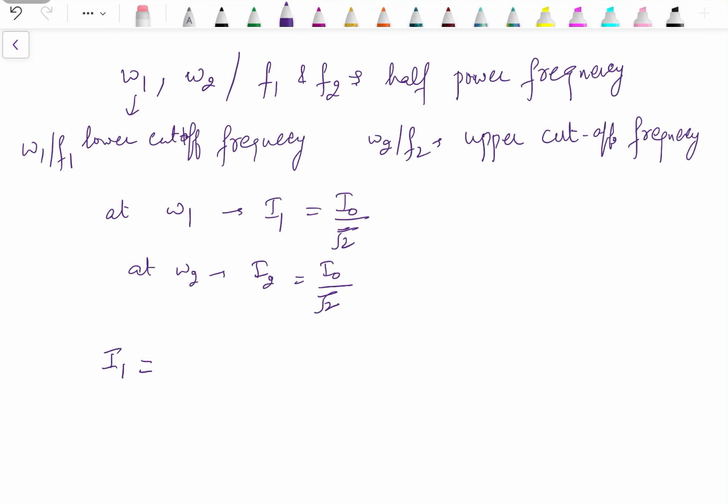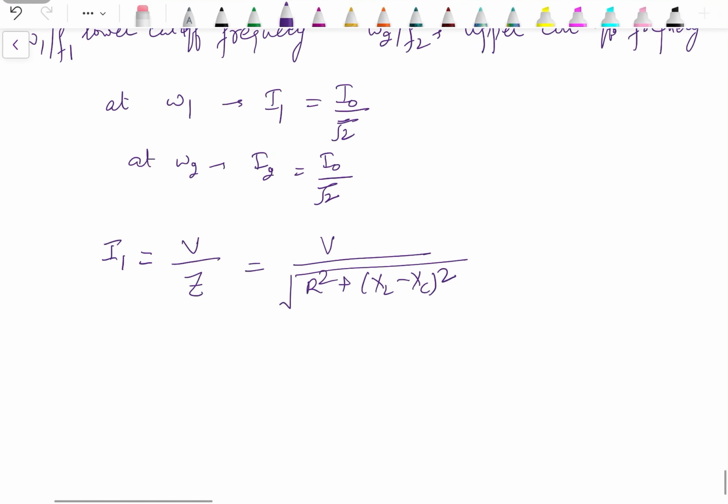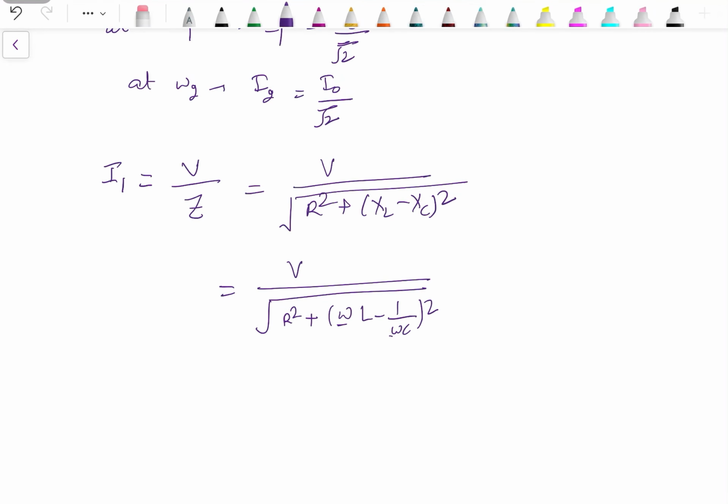I1 or I2 will have the value V upon Z, which is V upon the square root of R square plus XL minus XC square, that is V upon the square root of R square plus omega L minus 1 upon omega C square. You can equate this to I naught by root 2, where I naught is V by R.